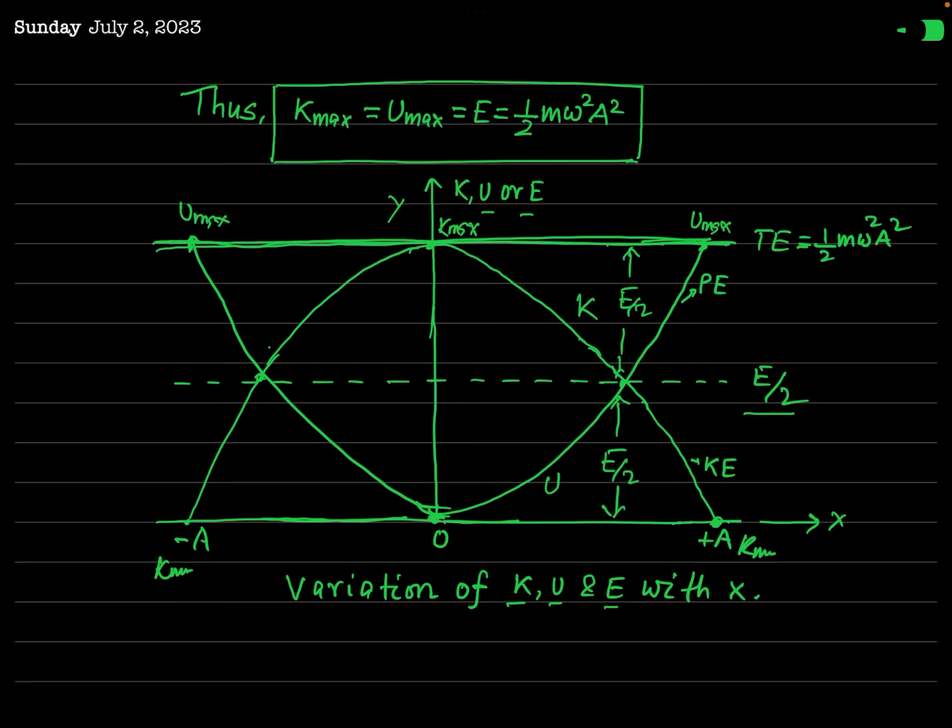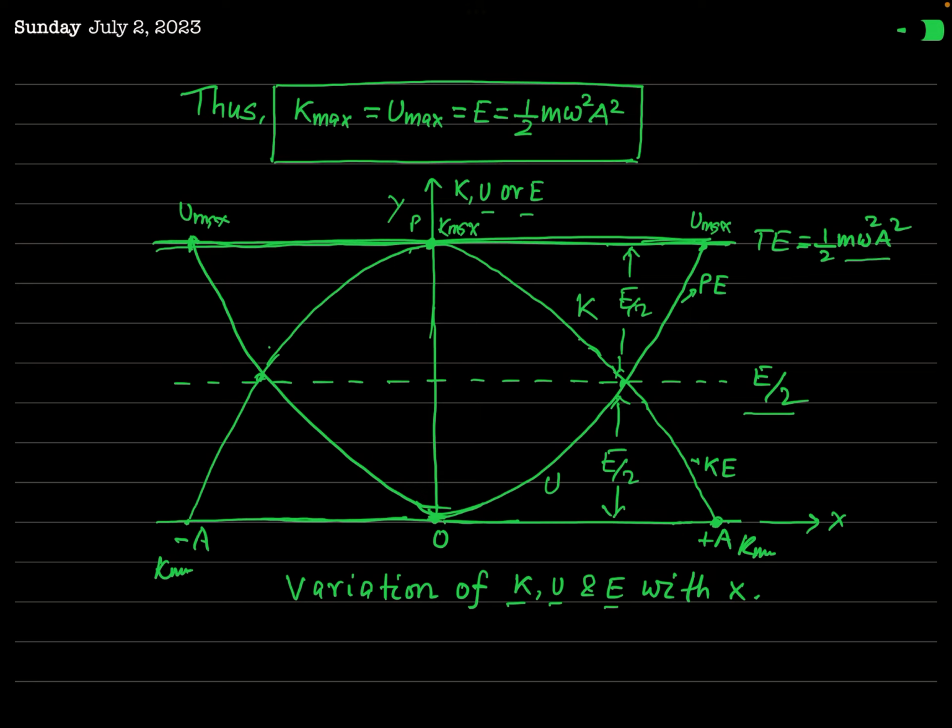You can see when x is 0, potential energy is 0. So this curve which passes through the origin represents the potential energy. And at x equal to 0, since kinetic energy is maximum, you can see this point P in this figure, which represents the maximum value of energy, equal to half m omega square a square.